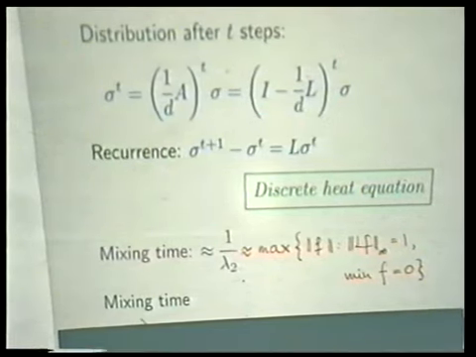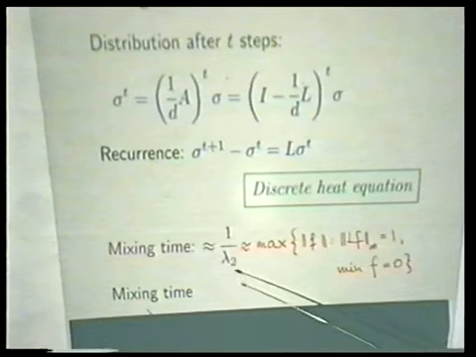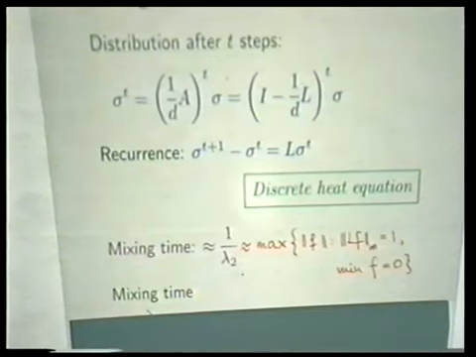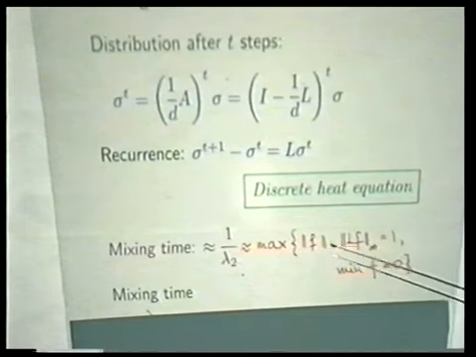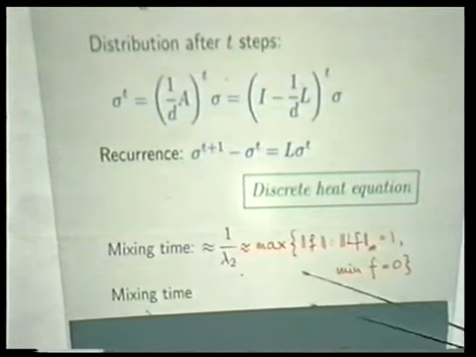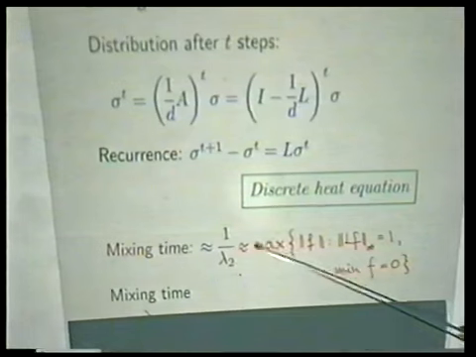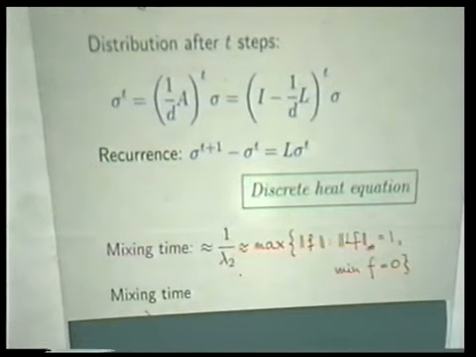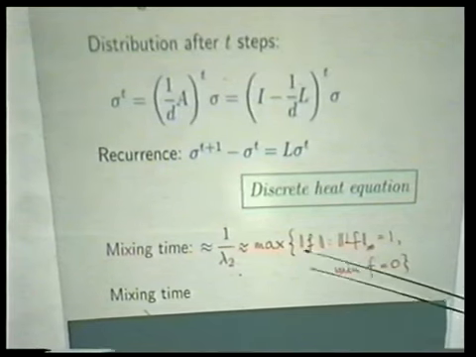So using this, you can see that the mixing time is about 1 over lambda 2. You can also define some other version of the mixing time, but that's very close to this. Probably the ratio is bounded by the logarithm of the number of nodes.